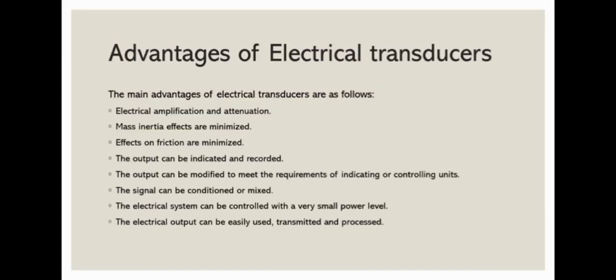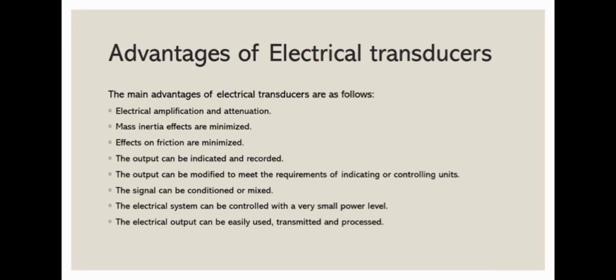So let us have a look at the advantages of electrical transducers. The main advantage of electrical transducers, as we know, is the conversion of physical quantity into electrical quantity. And the other advantages are as follows. Electrical amplification and attenuation can be easily done.